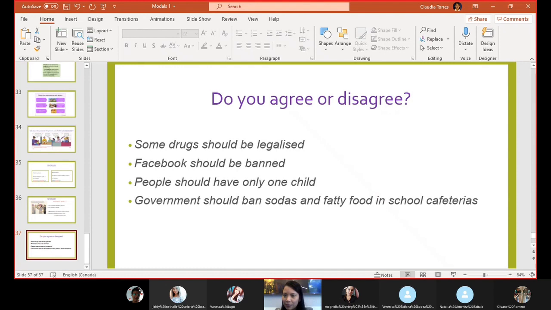Magnolia says, I believe that legalizing drugs would worsen the situation in Colombia, such as the economy, addiction, crime, among others. I don't know, Magnolia. To be honest, I've met Canadians that have traveled there, and they say, oh, Colombia is like the Olympics of drugs.